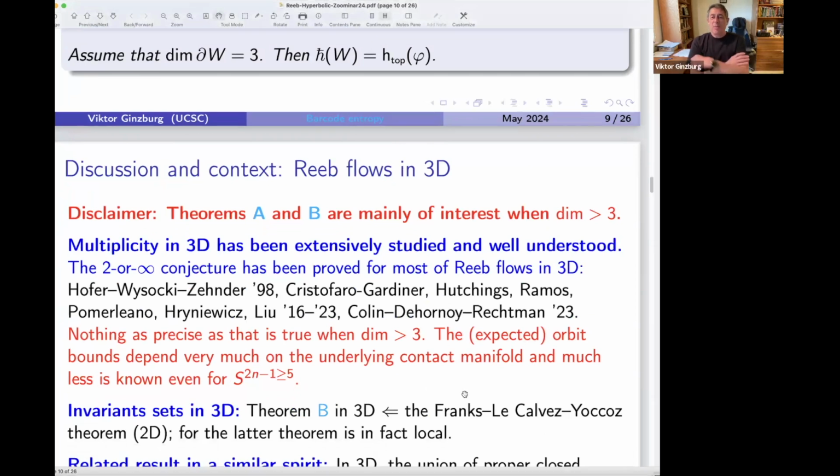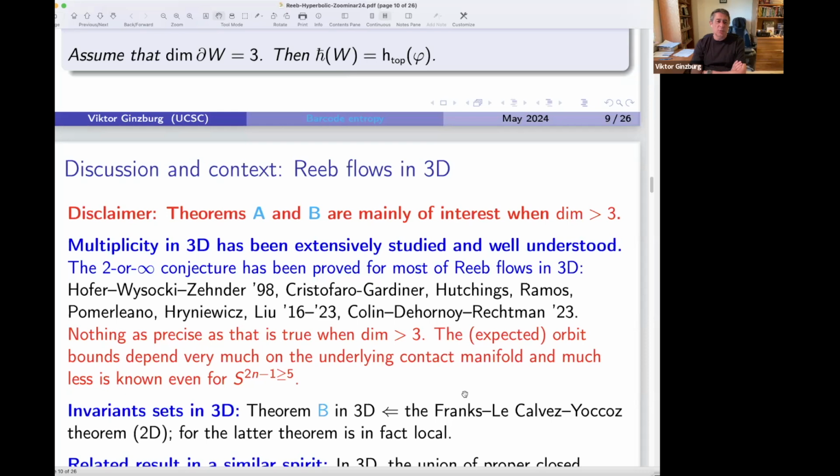First of all, much of what I've said, except the barcode entropy part, is not particularly interesting in dimension 3. In dimension 3, one can say much more. Regarding multiplicity, there is a very general conjecture which has almost been proved by now.